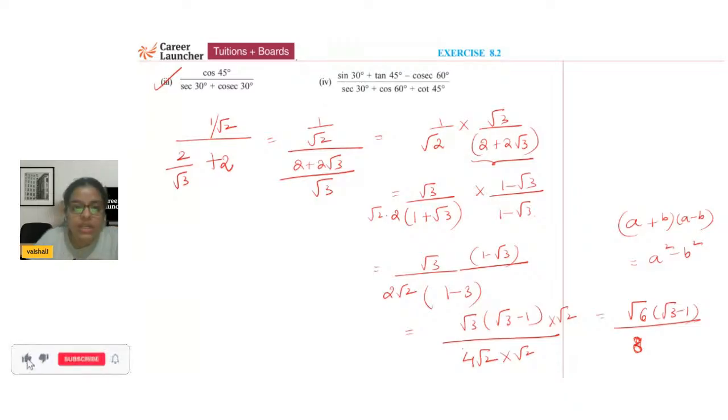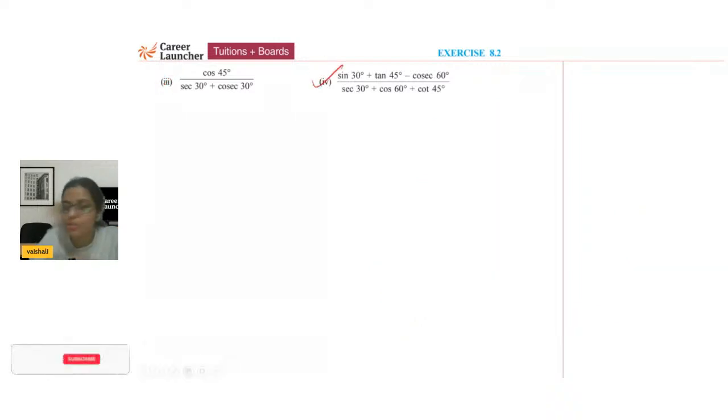Now the next one is option number 4. So let's substitute the values one by one. Sin 30 1 by 2. Tan 45 is 1. Cosec 60, how much is it? 2 by under root 3.